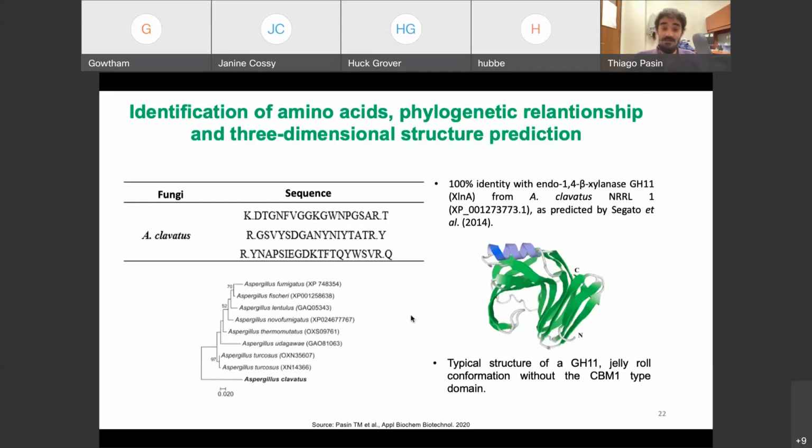So it's a pretty much uncommon enzyme, as we can see here through the phylogenetic relationship. It shares around 7% of similarity with other xylanases, so it's not so much. Next, please. So this was the first report of obtaining this enzyme in the extracellular extracts from Aspergillus clavatus.